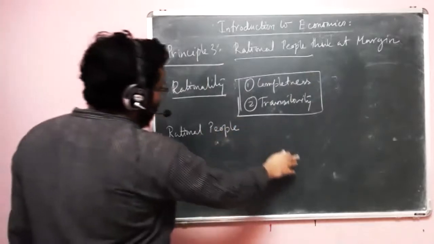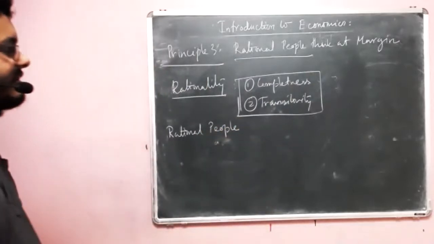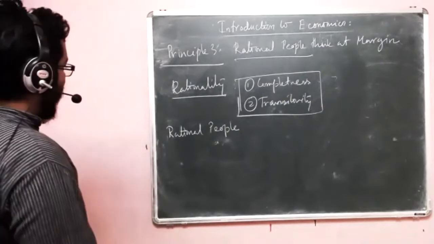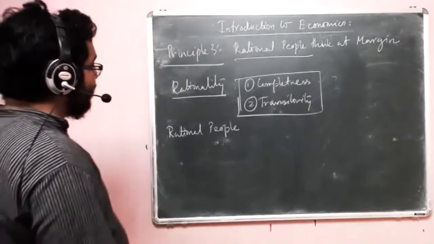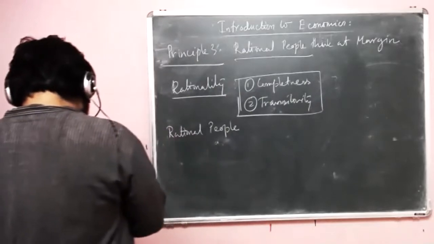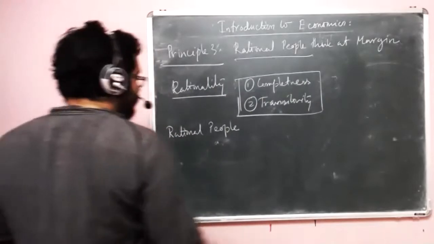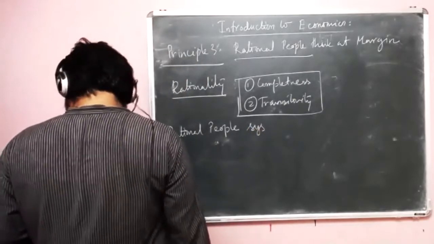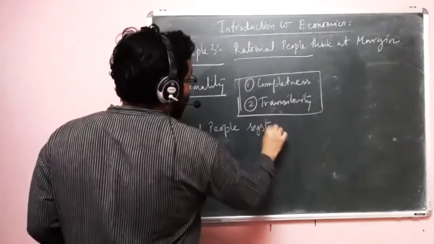Whatever we are going to write, it's like an annotation. It tries to explain, but obviously it's not concrete. Okay, so rational people systematically, so what do they do?